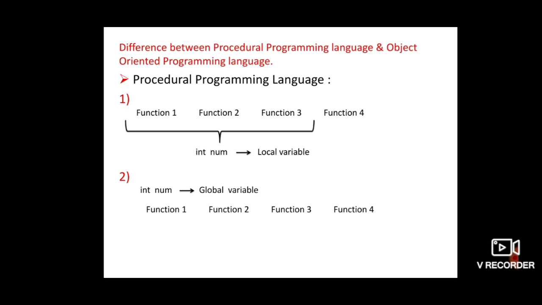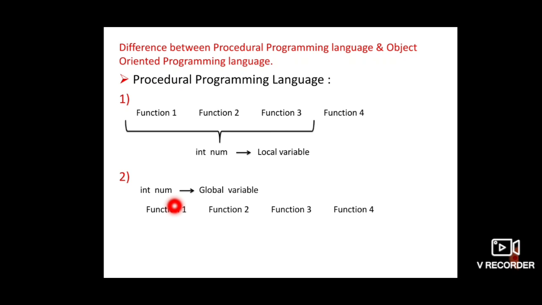But this variable is needed only for 3 functions, function 1, function 2 and function 3. In function 4 the num variable is not needed, but num is declared as global. In the first method, num is declared as a local variable, but in the second method, num is declared as global.